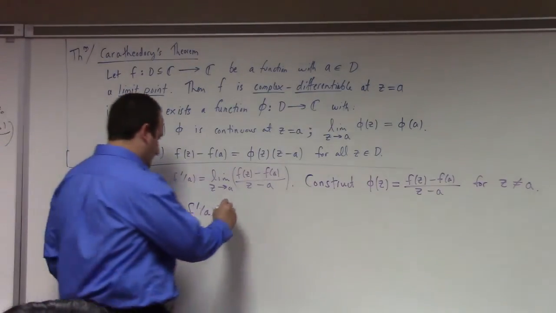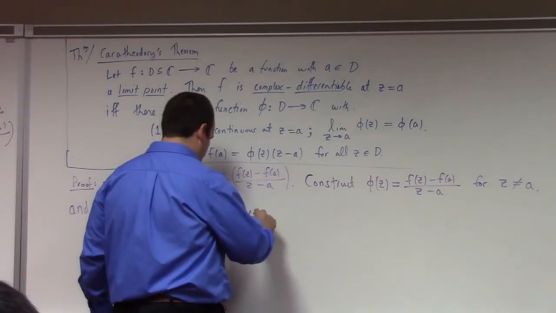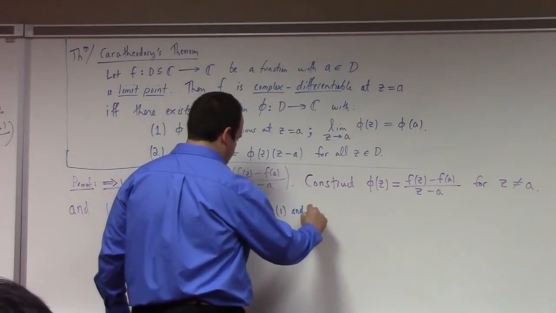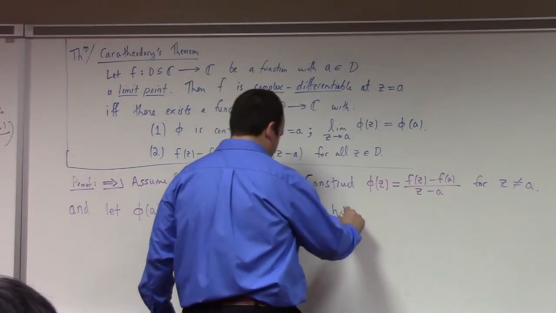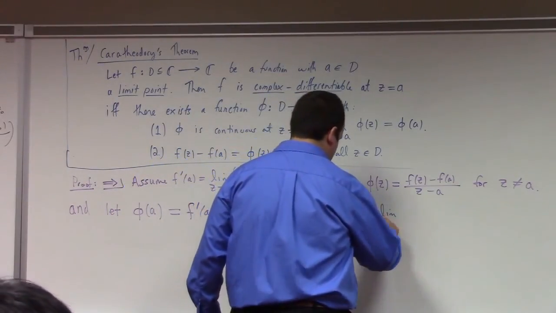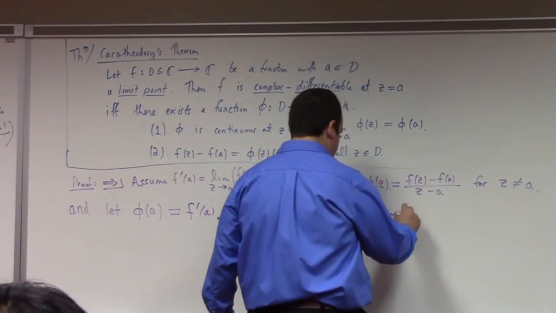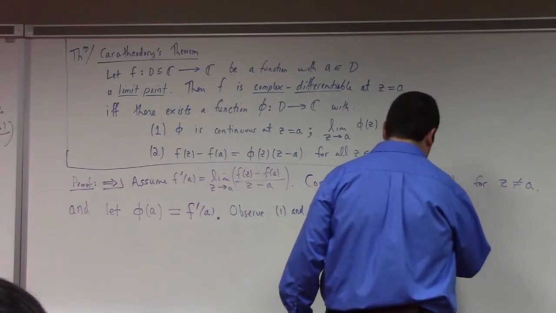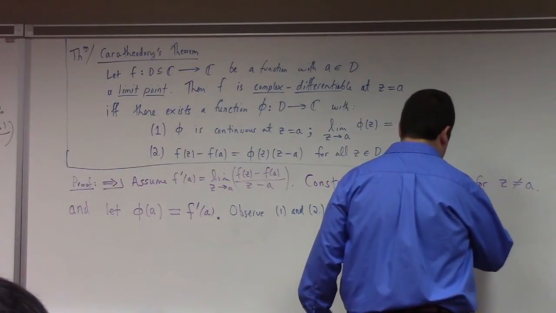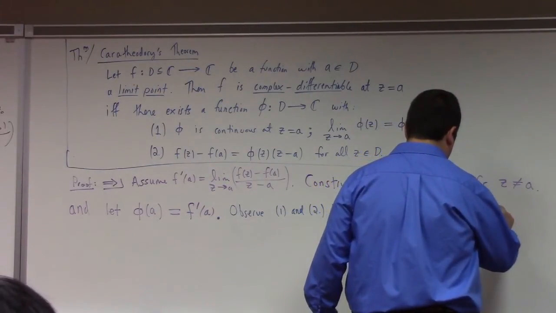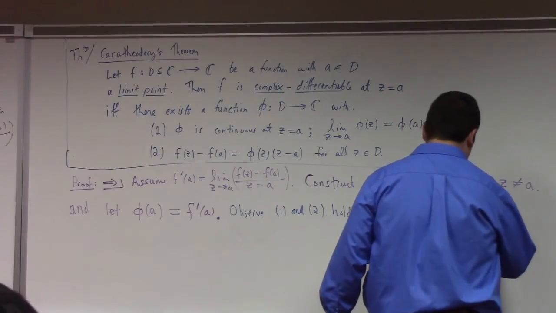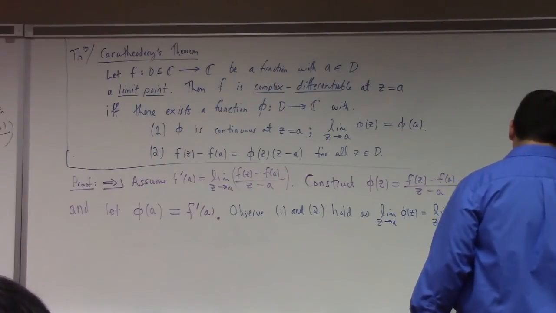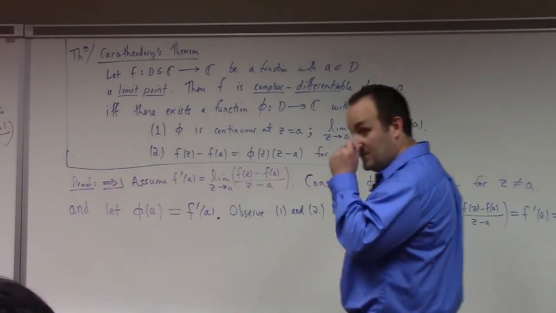So observe, 1 and 2 hold as the limit as z goes to a of phi of z is equal to the limit as z goes to a of the difference quotient. But of course, that is what? That's f prime of a, which is by our construction, phi of a. Therefore, phi is continuous at the limit point.